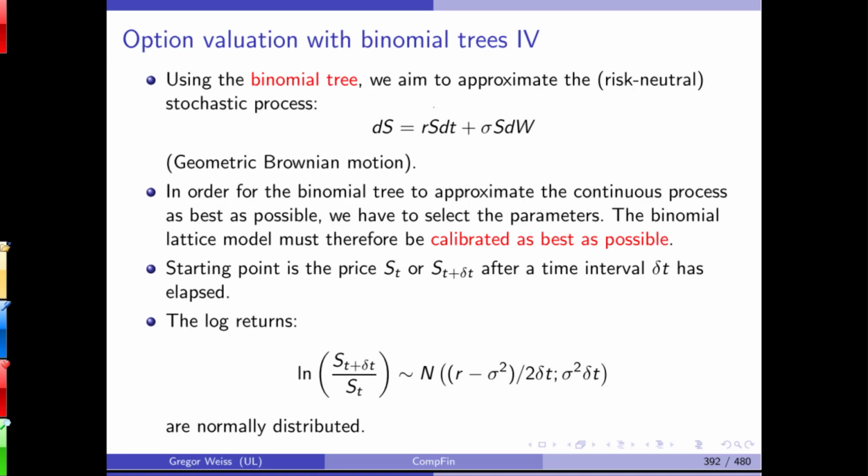By the way, it's interesting to know that here, if you remember, the geometric Brownian motion has a drift parameter μ, and in this case μ is set to be r, the risk-free rate. Why? Because we assume that that's the drift the process has in any case.